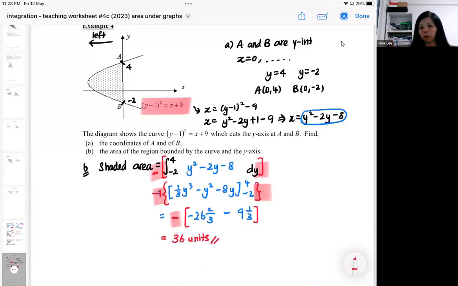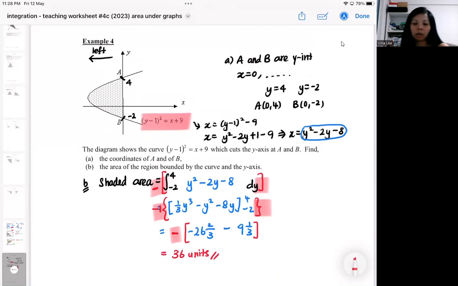Maybe you forgot, then suddenly you realize that your shaded area is negative, so you go back to the working and put the negative to counter the negative definite integral. So this is an example where the area under the graph is on the left side, that's why it's negative. And you've got to make x the subject of the equation in order to integrate.